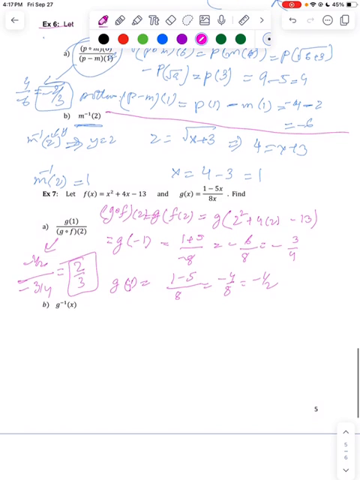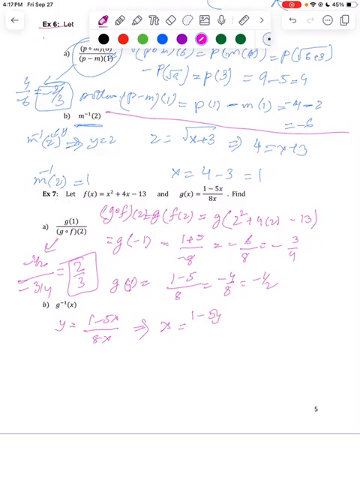So I get y is equal to 1 minus 5x over 8x. And then next step, we interchange x and y. So it becomes x equals 1 minus 5y divided by 8y.